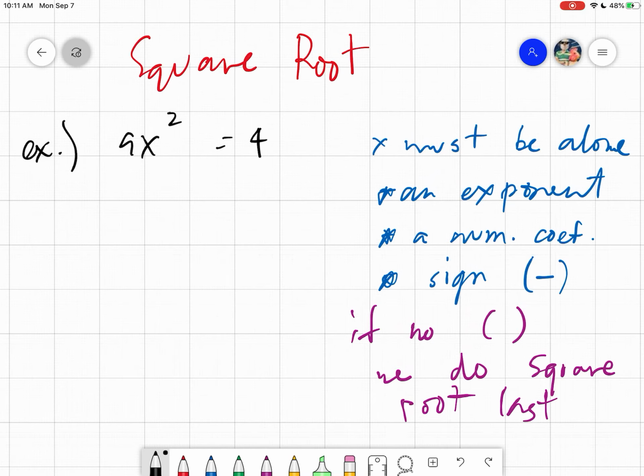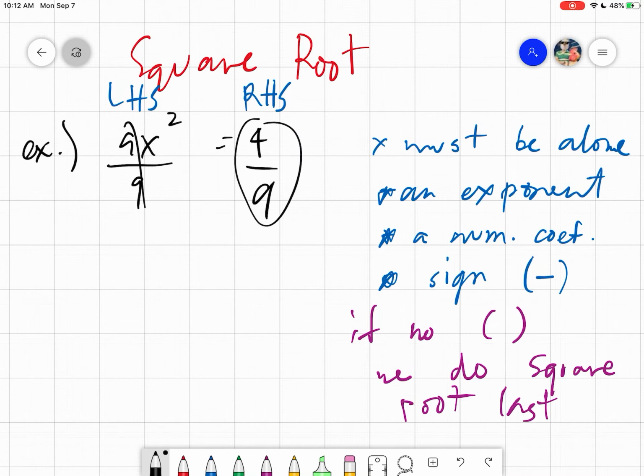We simply divide it on both sides. So we divide by 9 here and also by 9 there. According to the laws of mathematics, whatever you do on the left-hand side, you also do on the right-hand side. 9 is cancelled out on the left, but 4 cannot be divided by 9, so it is retained as 4 over 9.